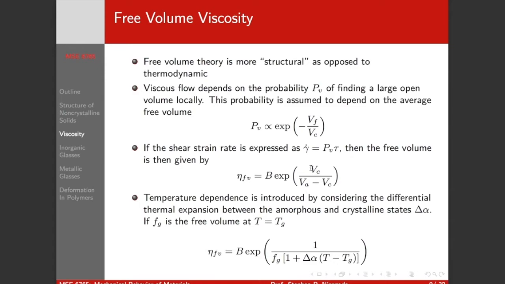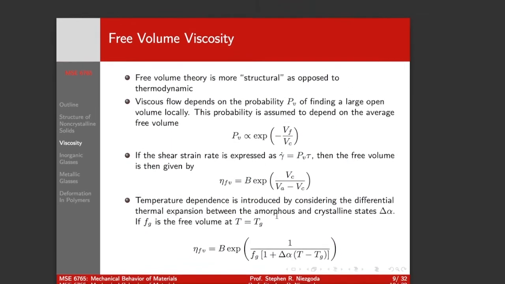This is the ideal or reference free volume, depending on whether you're talking about a crystalline reference or an ideal amorphous reference. This is the actual. And the temperature dependence is introduced by considering the differential thermal expansion between the amorphous and the crystalline states, or the amorphous and the ideal amorphous reference state.